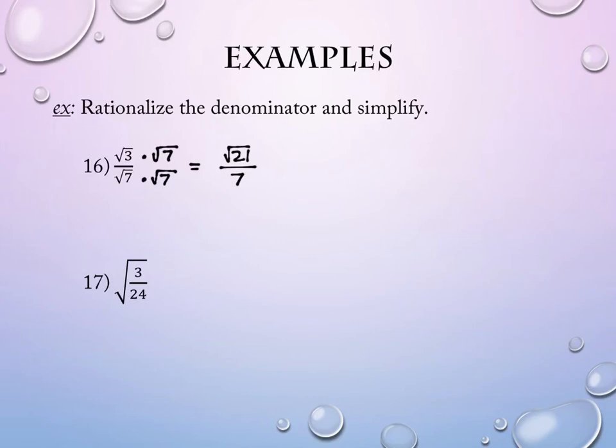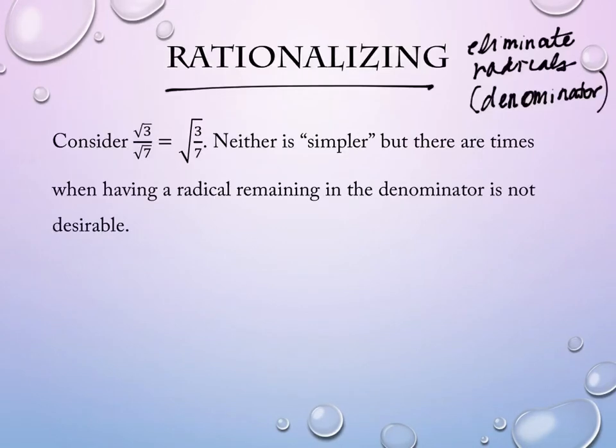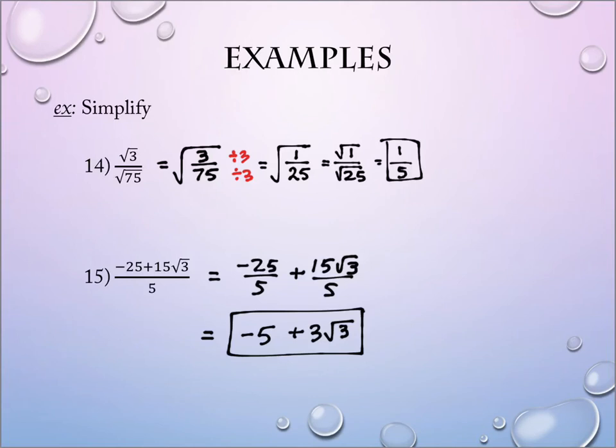Are you with me? Also notice, I can't sort of say, hey, look, there's a 21 and there's a 7. They both divide by 7, so let's just divide them both by 7. You can't do that because the 21 is underneath the radical and the 7's not, right? They're in different locations. So I can't simplify them the same way that I simplified, say, over here with the 5's, right?